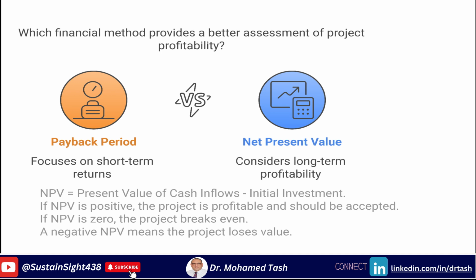For example, if you expect to receive $10,000 in 5 years and the discount rate is 10%, its present value is $6,209. Decision rule: if net present value is positive, the project is profitable and should be accepted. If NPV is 0, the project breaks even. A negative NPV means the project loses value.